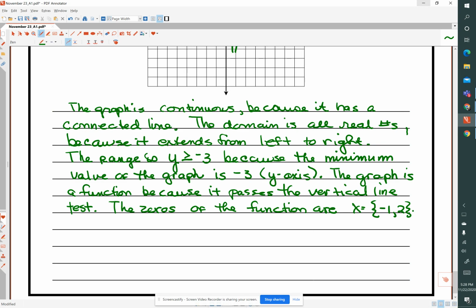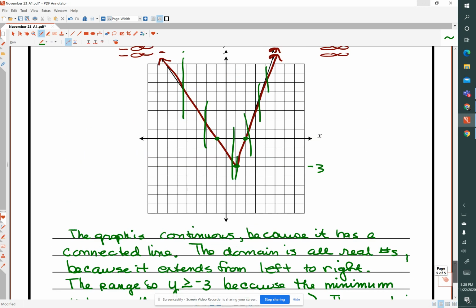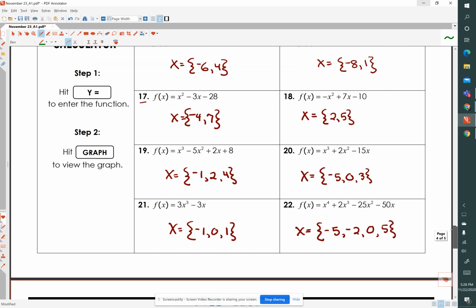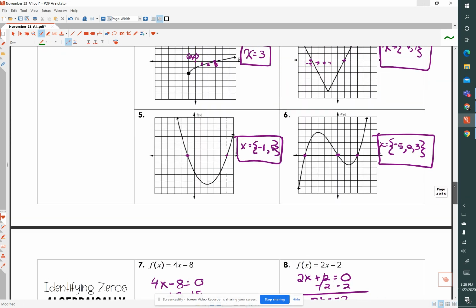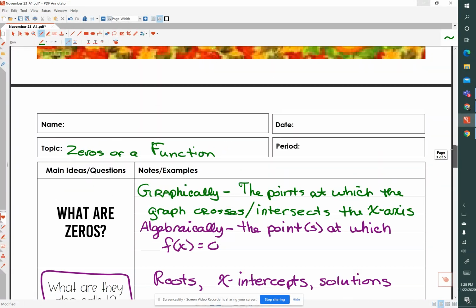And that's where it intersects the x-axis. So that's it. We've analyzed and described the graph. We've found the zeros graphically and algebraically.